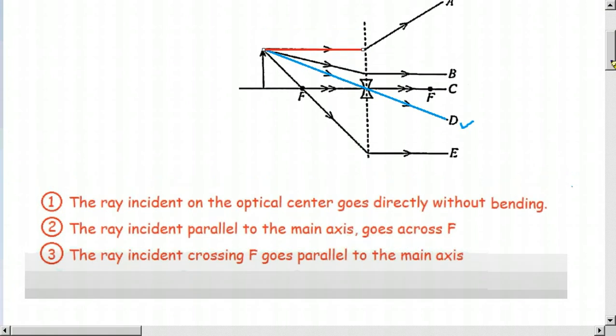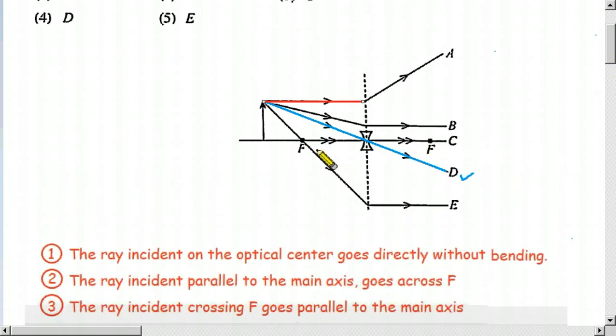Across F. There are two focal points here, but for a concave lens, it goes across the focal point situated on the object side, not the other one. It is not going through the other one, because that is true for convex lenses.